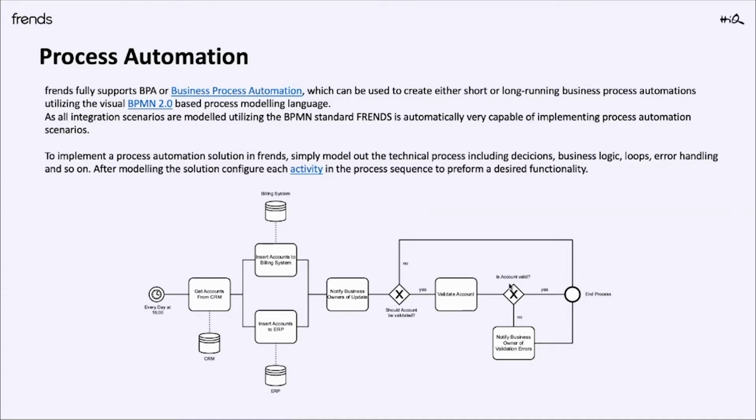What BPMN provides is the capability of having different kinds of short and long-lasting processes, so-called main processes and sub-processes. On Frends, we are able to configure each step as shown in the drawing. Different kinds of steps include both synchronized and parallel ways of working. We can also use asynchronous ways of working.